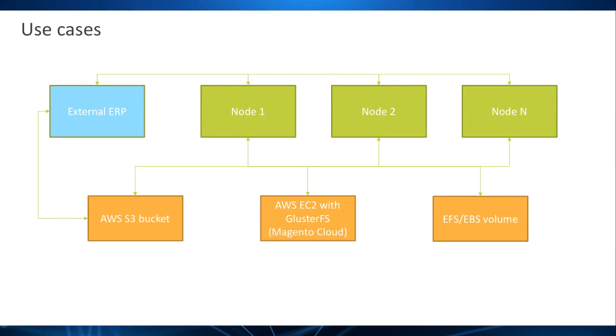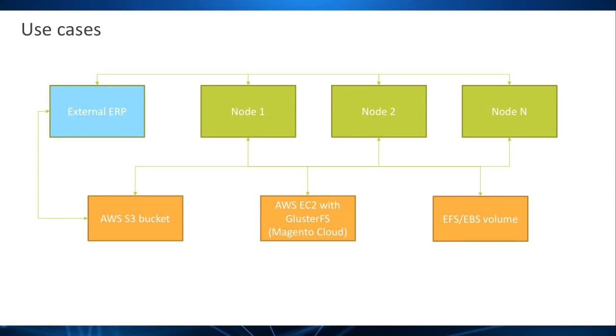Let's compare it to the current storages. You can see here that Magento Cloud also uses AWS, and it uses EC2 instances. The synchronization comes into play with the GlusterFS synchronization mechanism, which synchronizes data between multiple nodes.